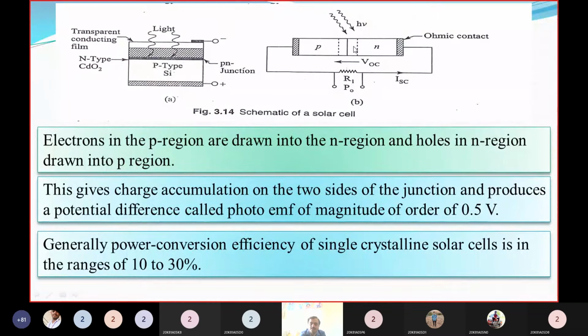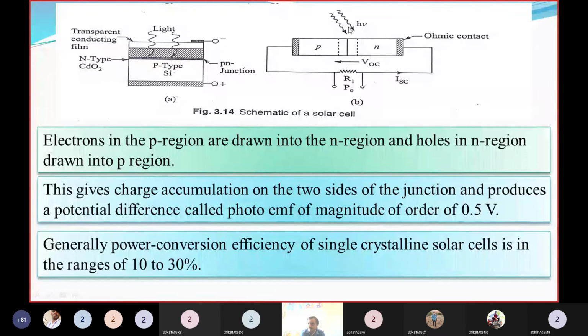Approximately, for a normal silicon diode, the magnitude is of the order of 0.5 volts. So how much potential difference occurs between the P and N region is 0.5 volts.